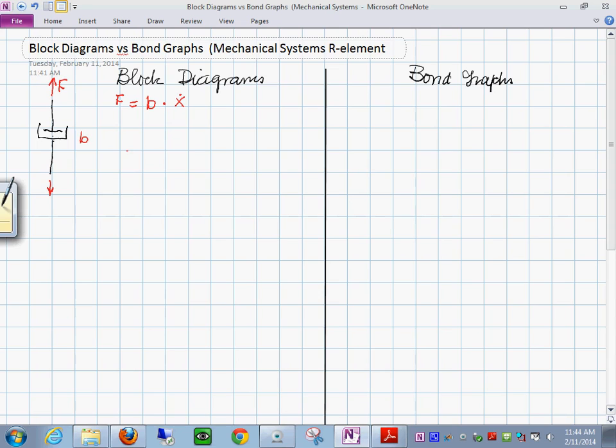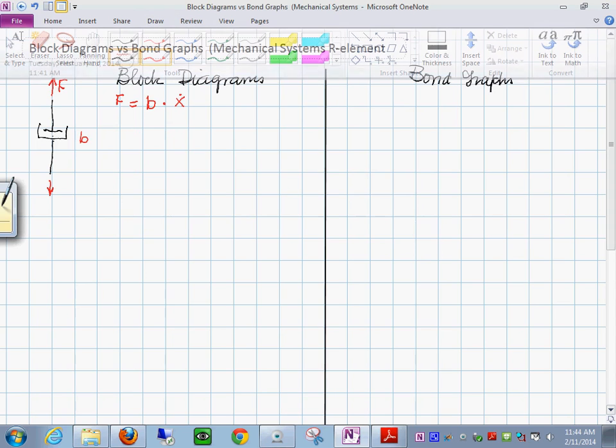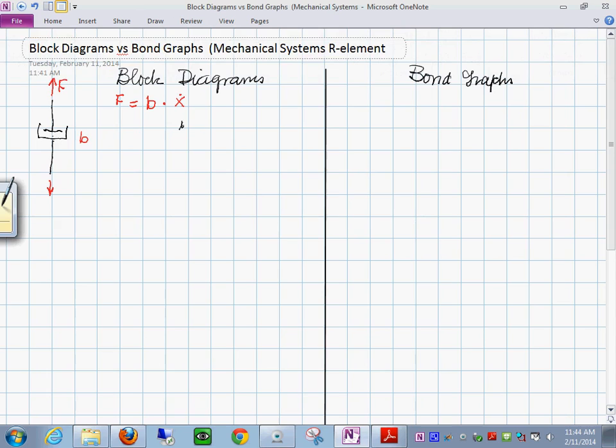So in this particular case, you can say that this is your input. We also call it F, that would be the output. Okay. I called it the action, right?